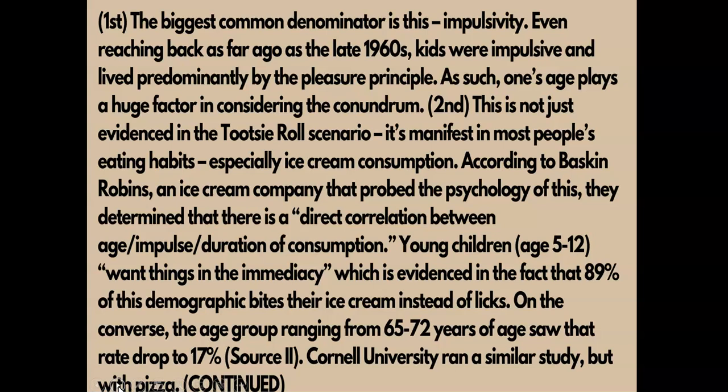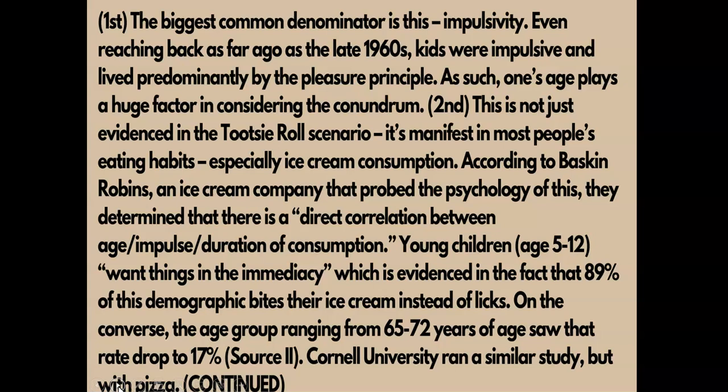So look at how these first 3 sentences articulate a why to the thesis. The biggest common denominator is this: impulsivity. Even reaching back as far ago as the late 1960s, kids were impulsive and lived predominantly by the pleasure principle. As such, one's age plays a huge factor in considering the conundrum.